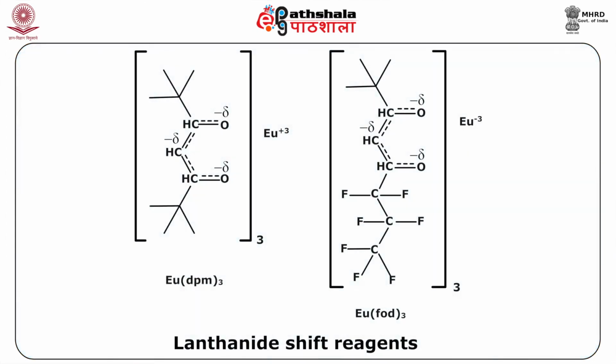Here we have shown you some of the lanthanide shift reagents in this figure. The lanthanide shift reagents are beta dicarbonyl complexes of rare earth metals, also known as the lanthanides.